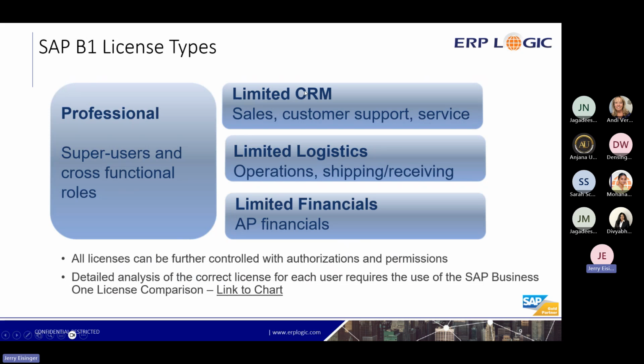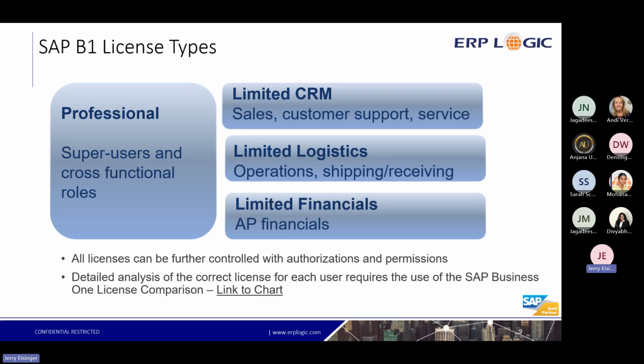And then there's three types of limited license: a limited CRM, a limited logistics, or a limited financials. Now, again, the idea is if you can use a limited license, it can save a lot of money. The limited licenses are roughly 50% the price of a professional license. So if your users can use limited licenses, it's going to save you some money. So a limited CRM license, at a high level, is mainly used by salespeople, by people who are doing customer support, or people who are doing services.